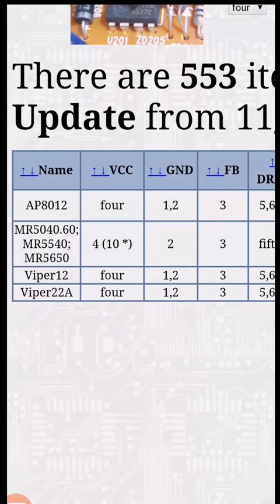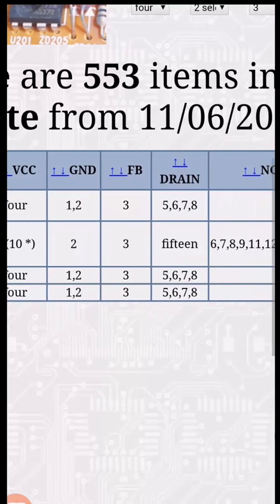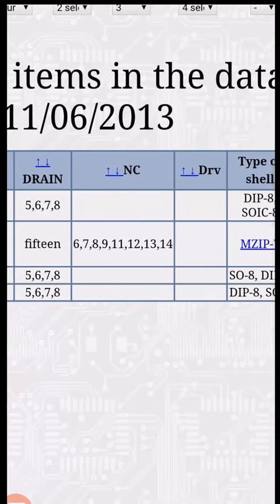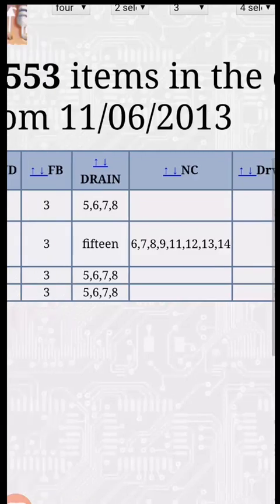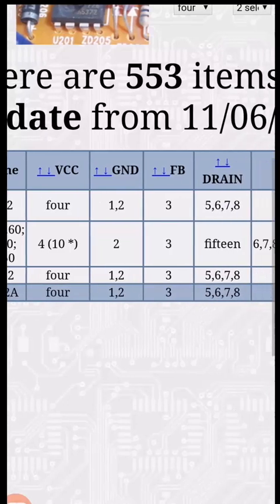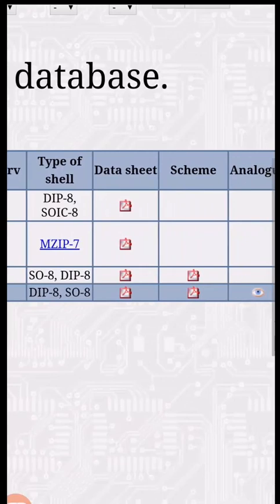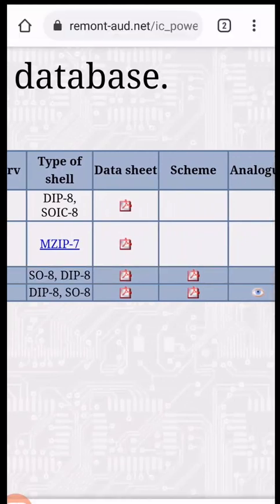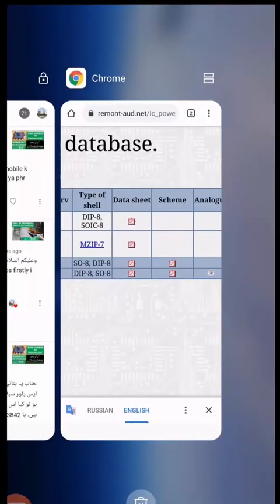It has VCC at pins 4 and 10, and the drain pin is pin number 15, and pins 6, 7, 8 are not connected. So this is not our IC. So we have to check the first, third and fourth, Viper 12A or Viper 22A, and we can press the datasheet button and the datasheet will download.